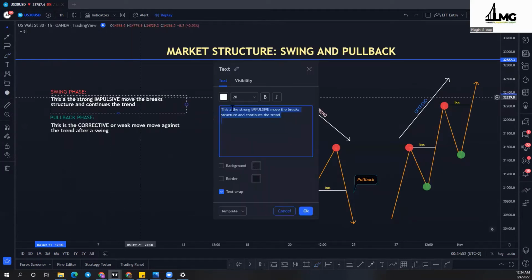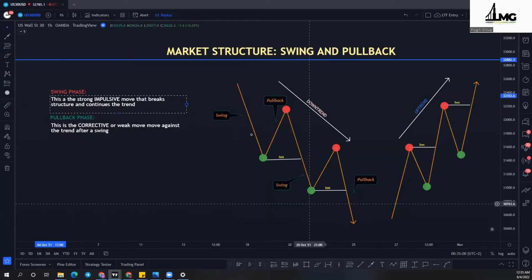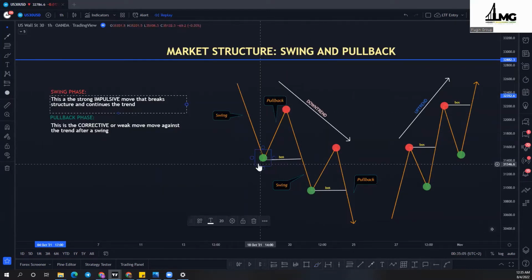So basically what that means is that, as you can see, we are in a downtrend, right? And if we're in a downtrend, we want to see price breaking structure to the downside, right? Because we know that structure is its highs and lows, right? So if price is going to break structure to the downside, it will confirm that we're still in a downtrend, right?